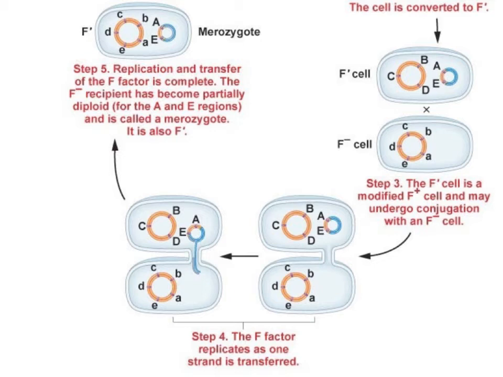Okay, that's not a problem for the cell. So every time this F prime cell conjugates with an F negative cell, it's going to give them the F factor and the dominant allele for genes A and E. Okay, so some really interesting mechanisms of genetic exchange within bacteria through this process of conjugation.